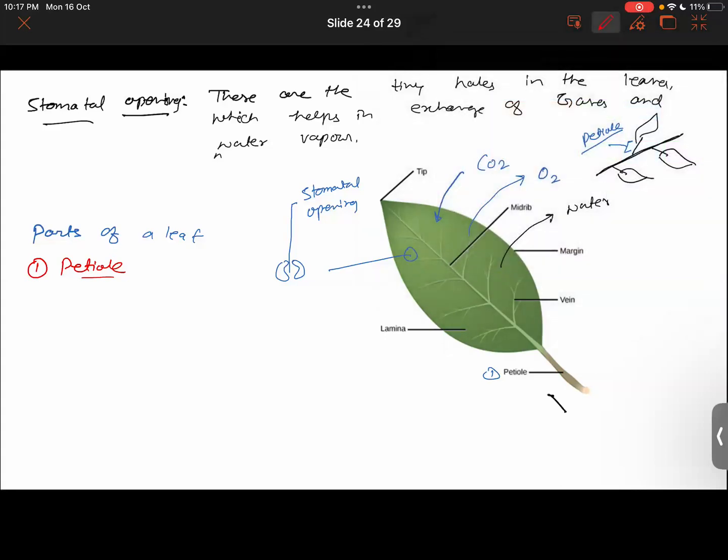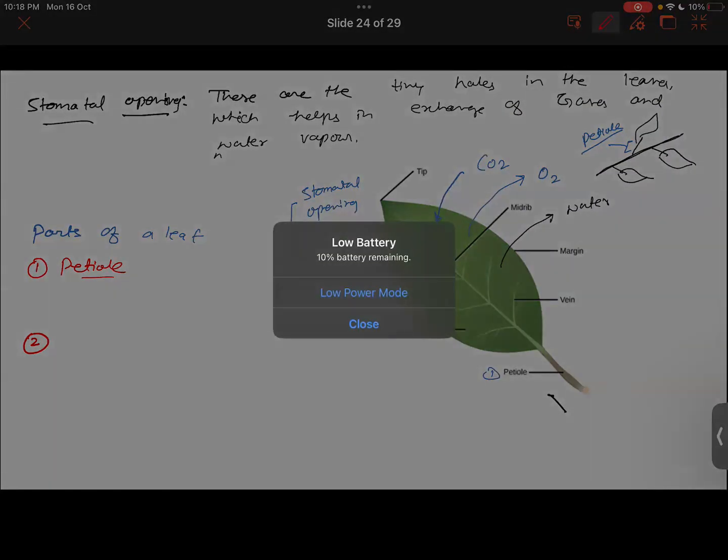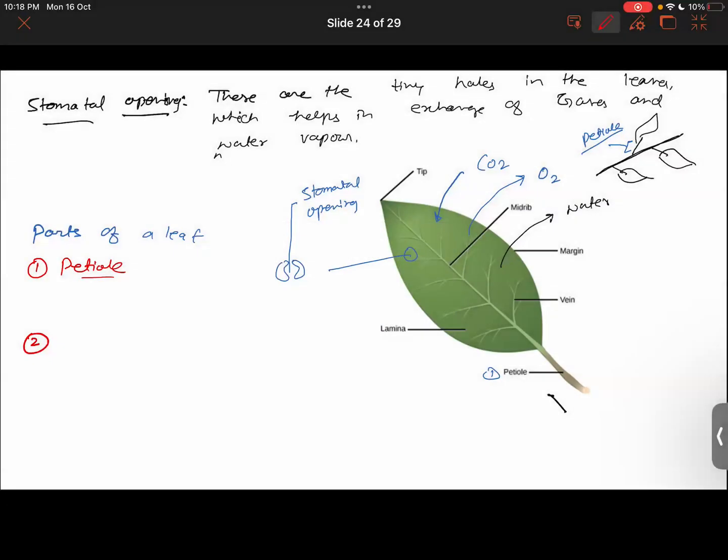Okay. Then the next part is the lamina. As you can see here, this lamina. So lamina is the expanded part or the green portion of the leaf, which is responsible for photosynthesis. है ना? So that is basically lamina. ठीक है?